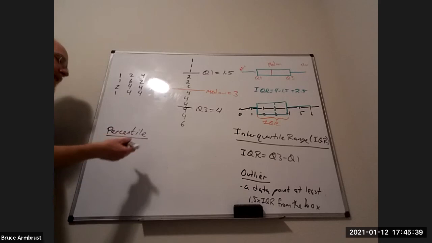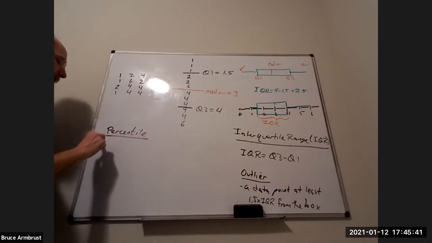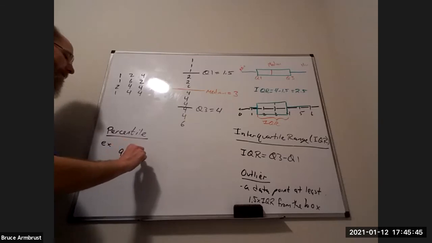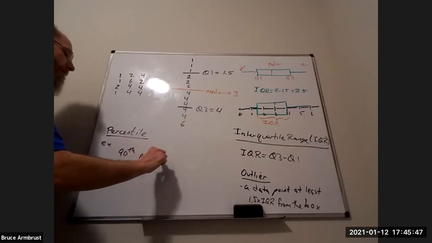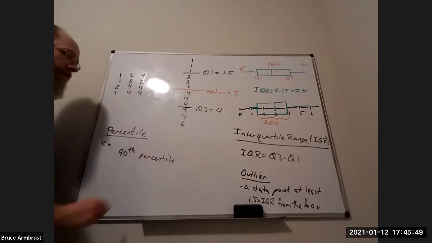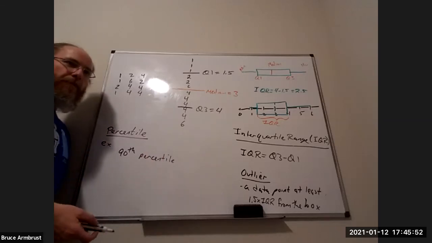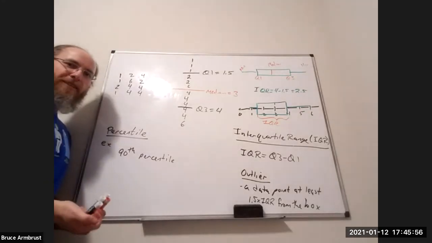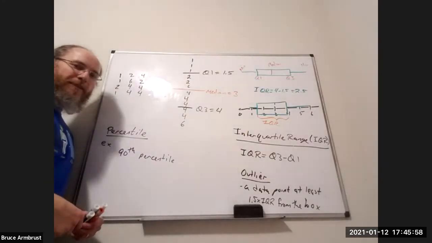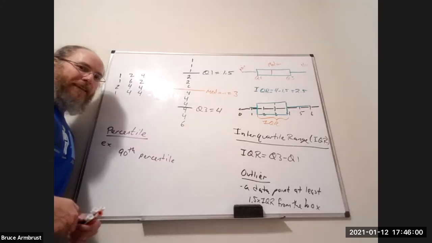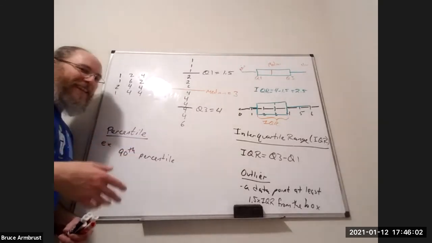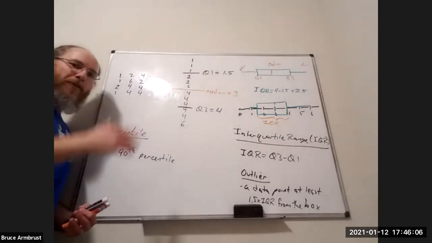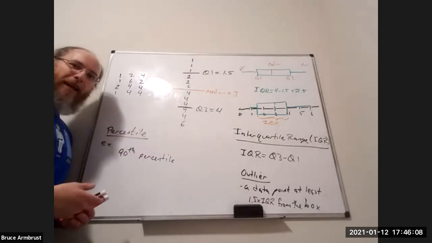All right, and so percentile, what you'll see is, for example, they'll say something like the 90th percentile. One place I remember seeing these was on standardized tests. I don't know if you guys remember when you've taken the ACT, the PSAT, or any of those coming up along the way, you get those scores back, right?